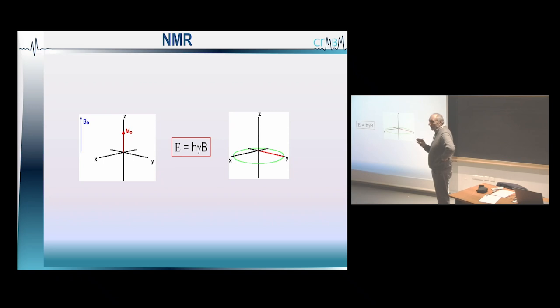You just create a difference, and the difference is not going to be 0, and that's why you got MZ. But if you put B1 on top of B0, you put this energy in, then you're going to have the numbers equal, and that's why this is going to go to 0. What remains then is the component which is not axial. Exactly. Here it was 0, and here it is not 0.